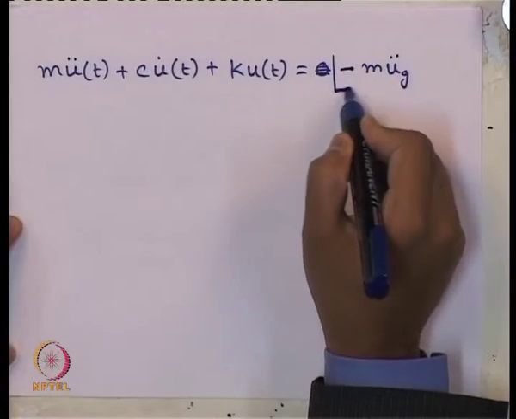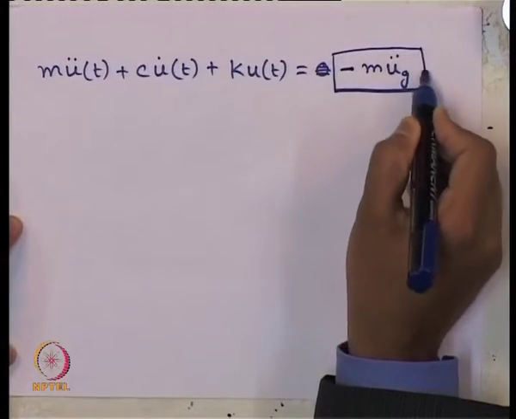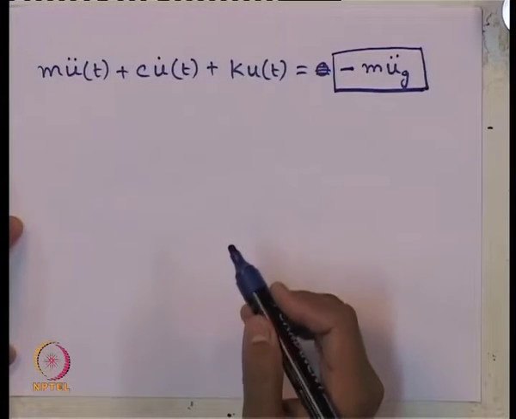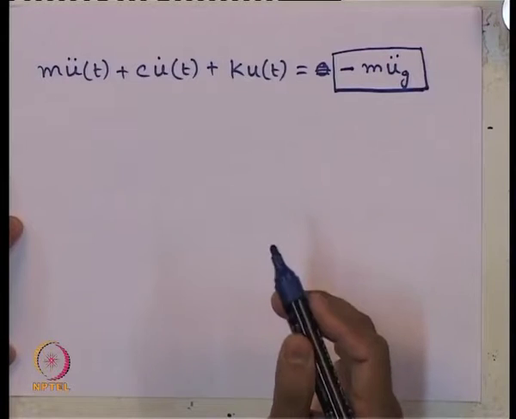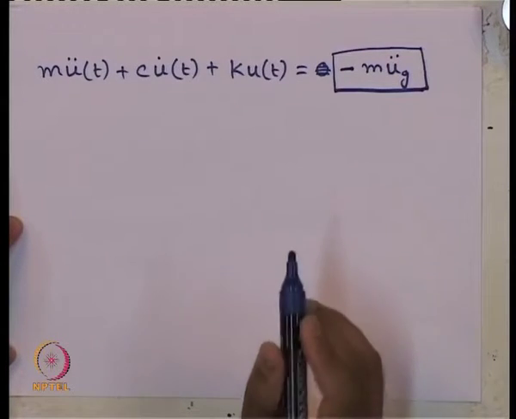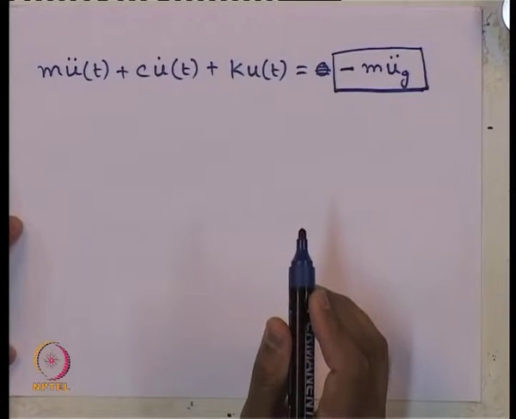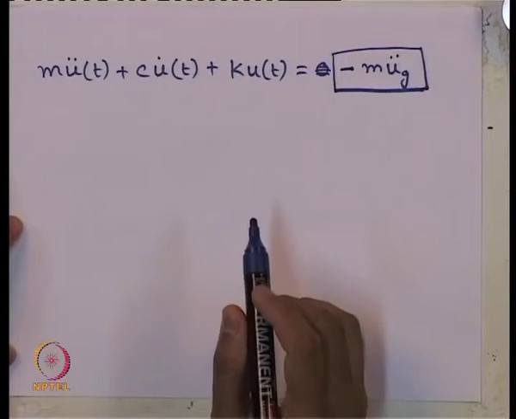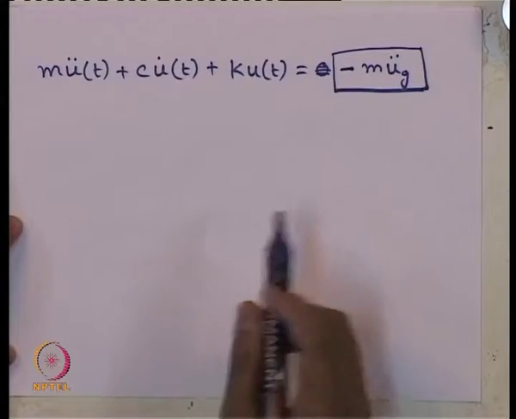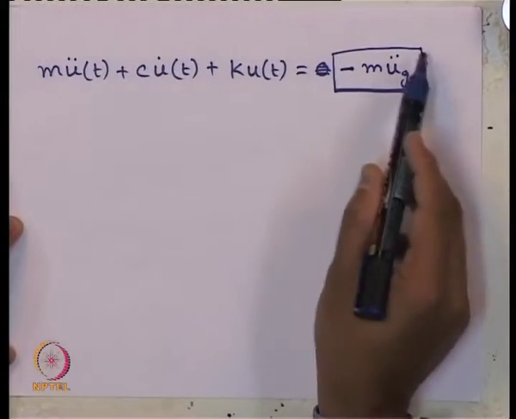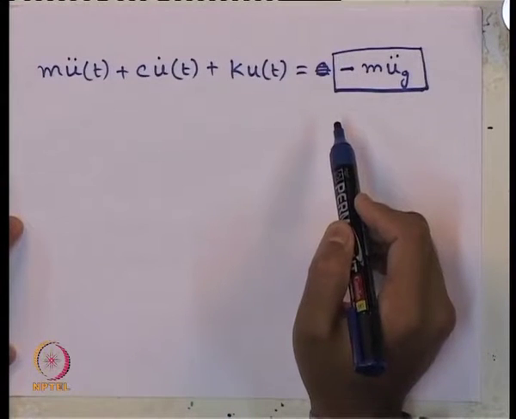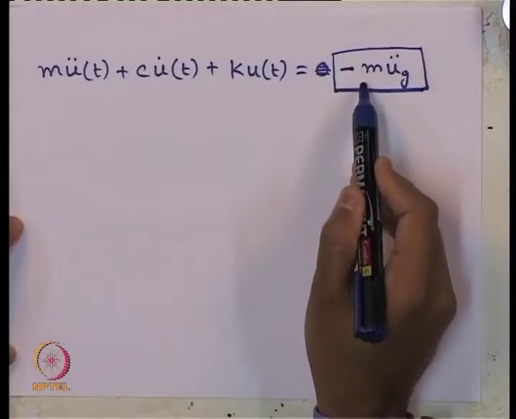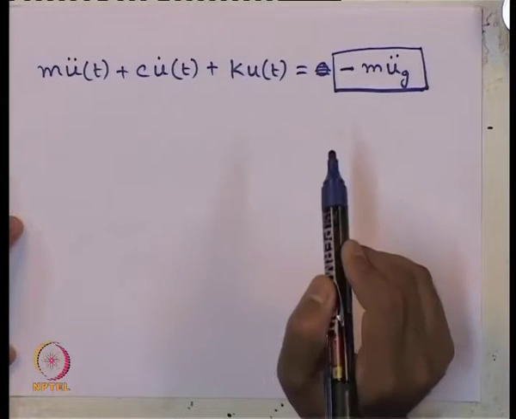Now, look at this parameter, this is nothing but the force induced to the system because of earthquake. So, that is why it is not a free vibration problem, but a forced vibration problem, where the force is coming from this component, that is the ground acceleration times the mass of the system.